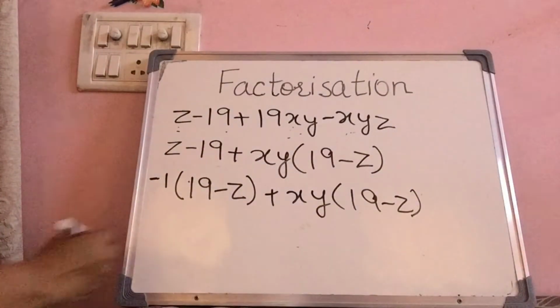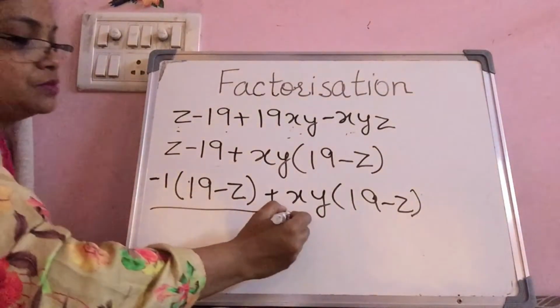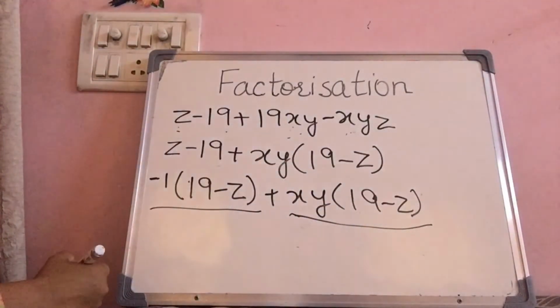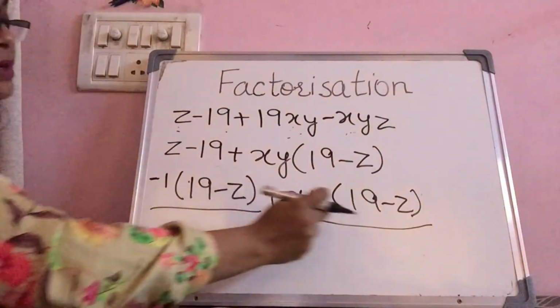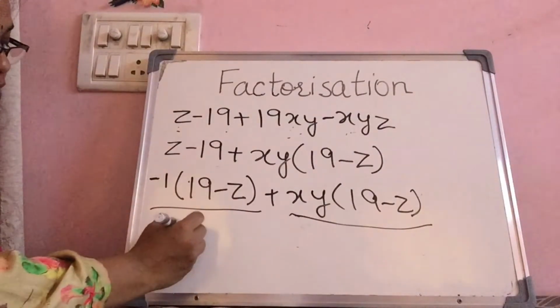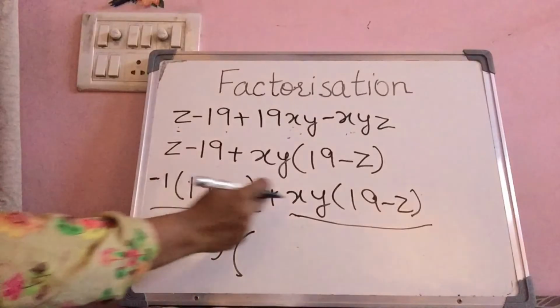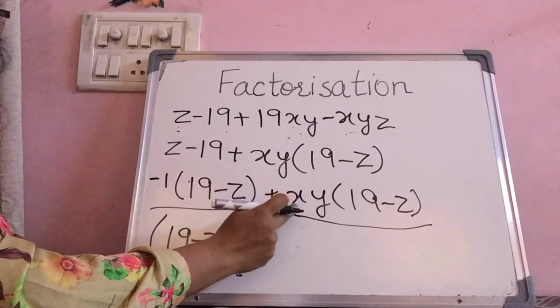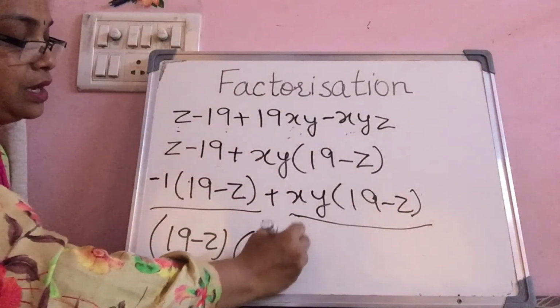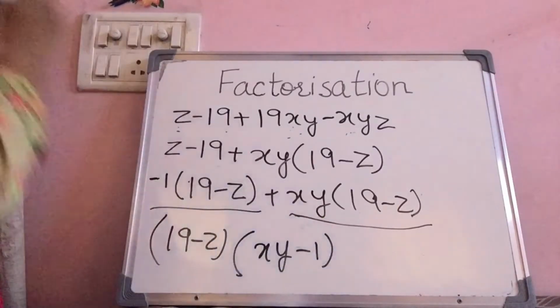Okay. Now it becomes 2 terms. This is one term and this is one term. We see we have 19 minus z common in both the terms. We'll take them outside. And in the bracket we are left with minus 1 plus xy. So we can write plus term first. We have xy minus 1.